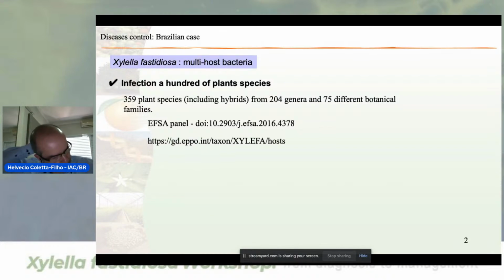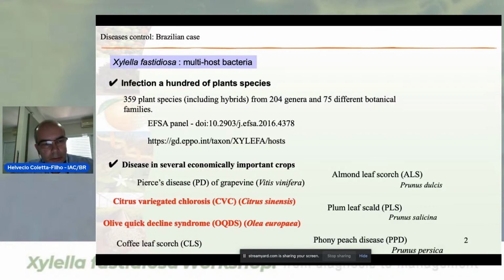So just a brief introduction about Xylella. As was told in the previous talks, Xylella is a multi-host bacterium affecting different plant species. But talking about the economically important crops today, we are going to talk about citrus variegated chlorosis that affects Citrus sinensis, sweet orange, and olive quick decline that affects olive plants.